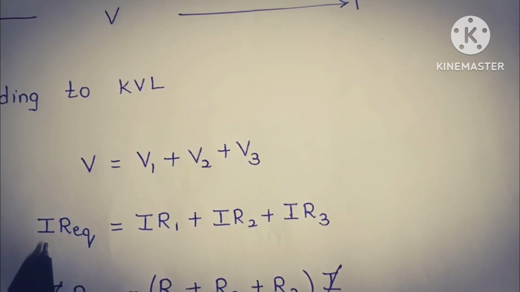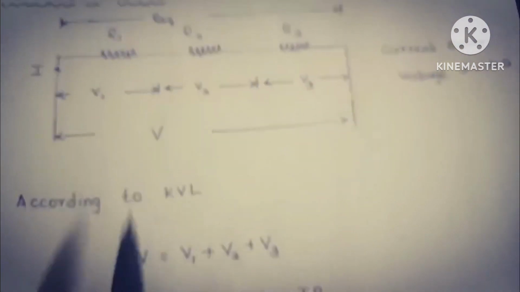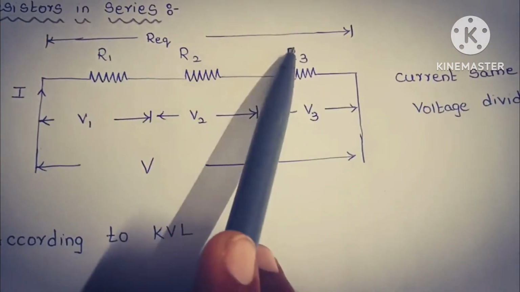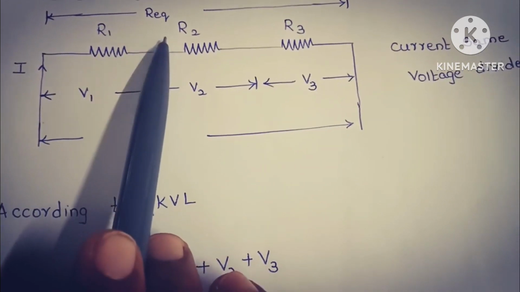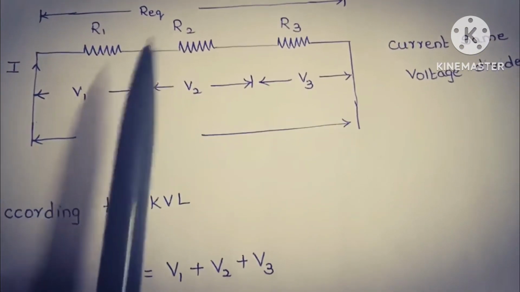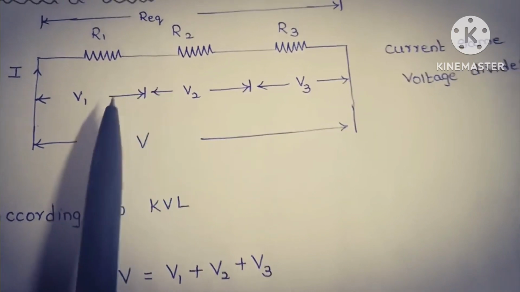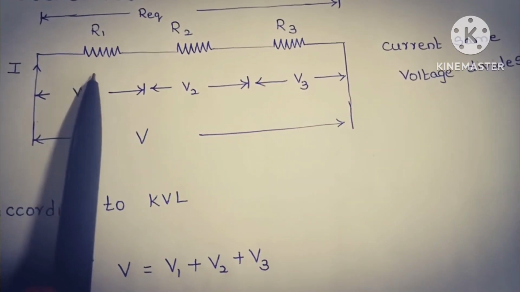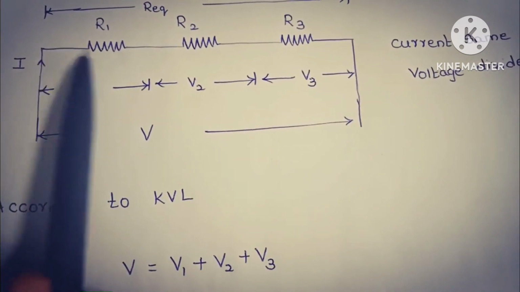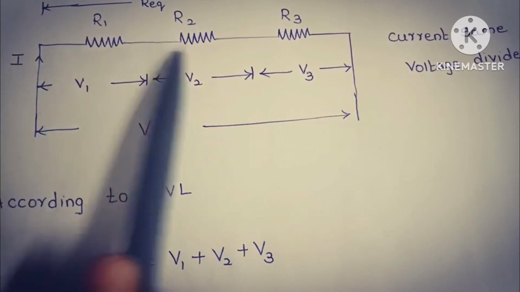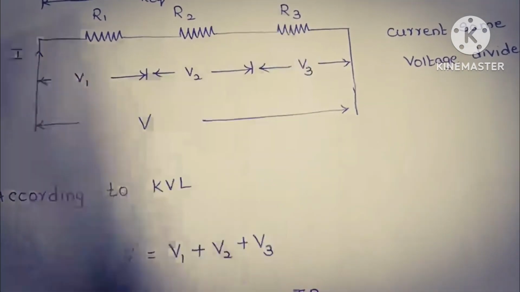V is equal to I into R. Here I am taking the total resistance of the circuit as R equivalent. Therefore, the voltage drop is equal to I into R equivalent, whereas the voltage drop across each resistor is taken as I into R1, I into R2, I into R3.